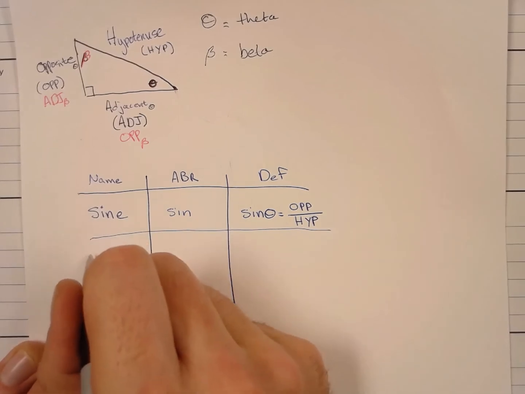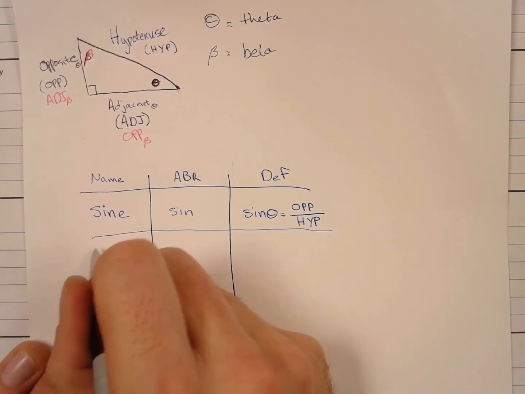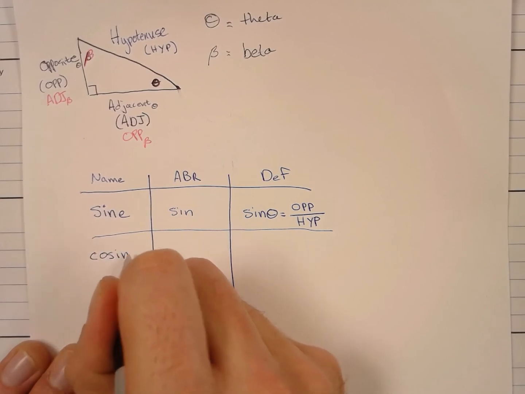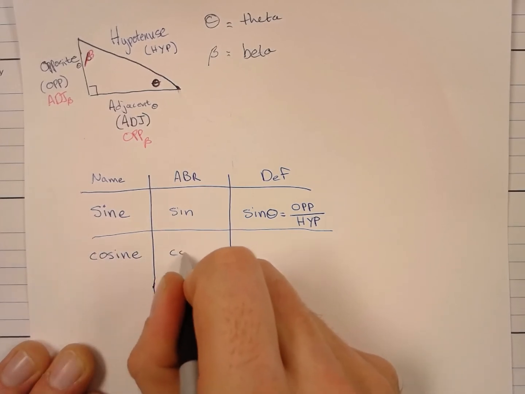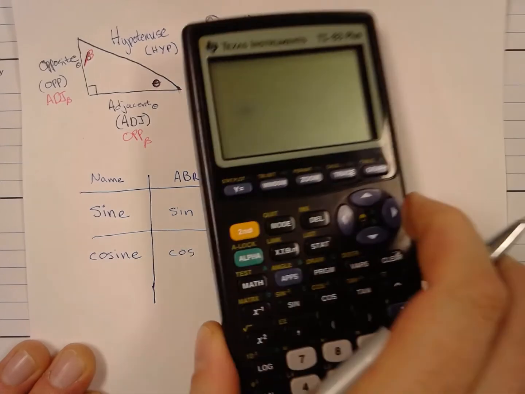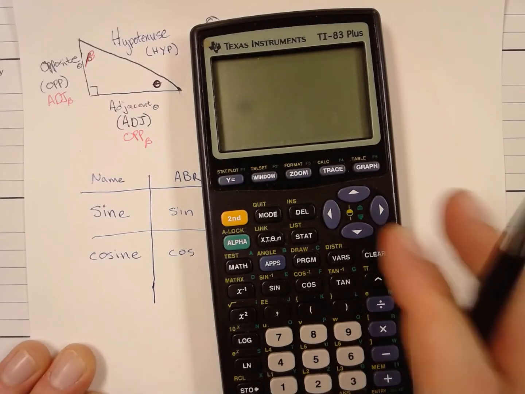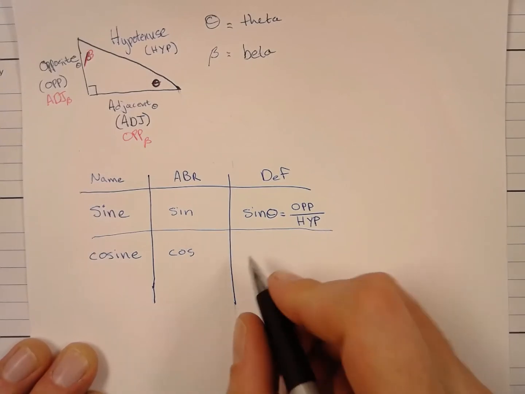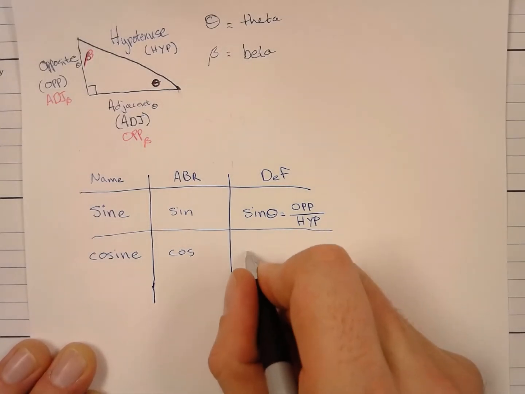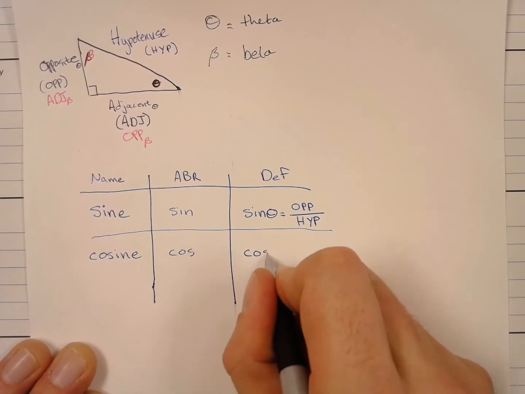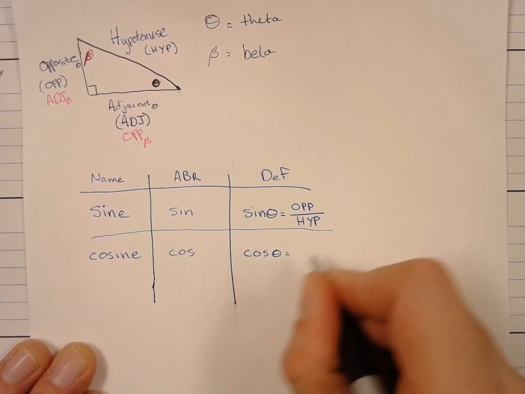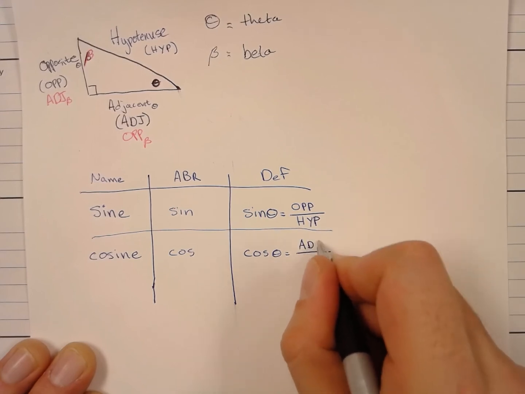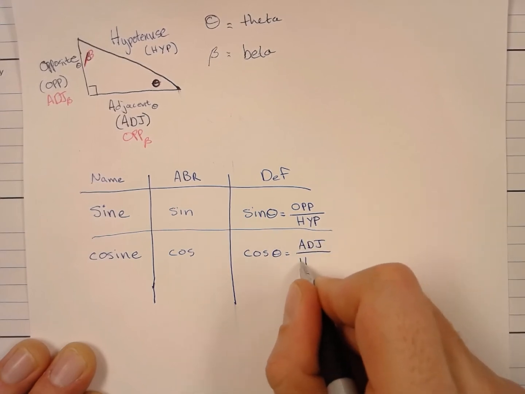The next trigonometry function we'll take a look at is the cosine function, abbreviated COS. Same deal, just say cosine, don't say cos. It kind of sounds silly. And the definition of the cosine of acute angle theta is equal to the ratio of the adjacent side divided by the hypotenuse.